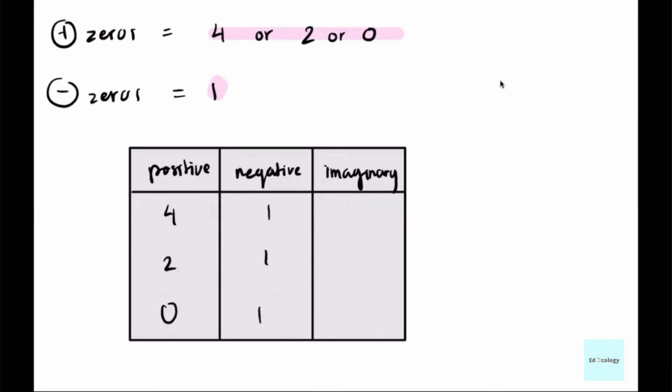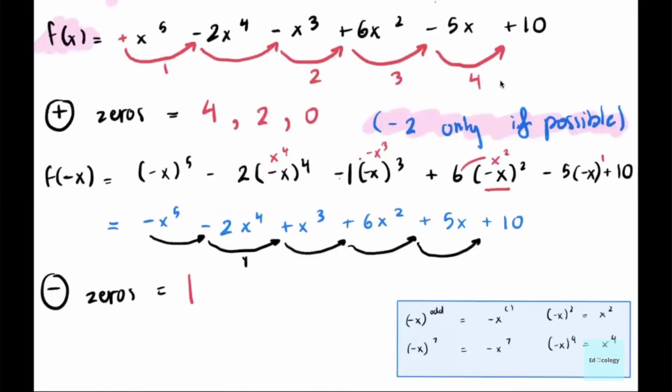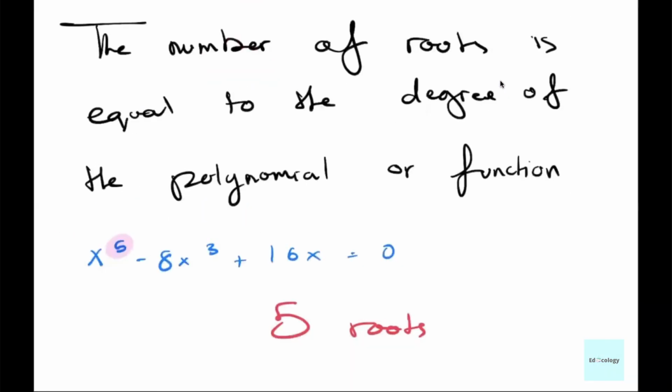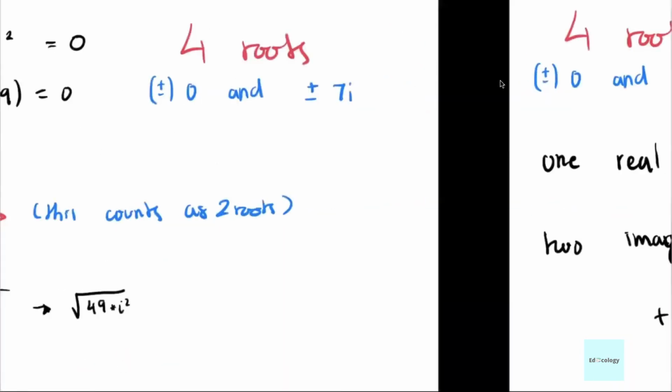Okay? And we know that the total number of zeros that are possible is 5, because the degree of the polynomial is 5. As we said here, the number of roots is always equal to the degree of the polynomial.